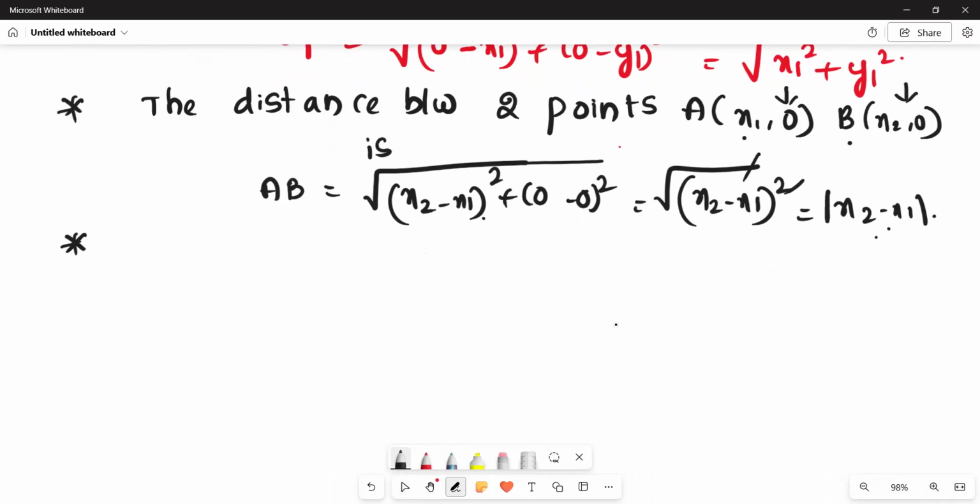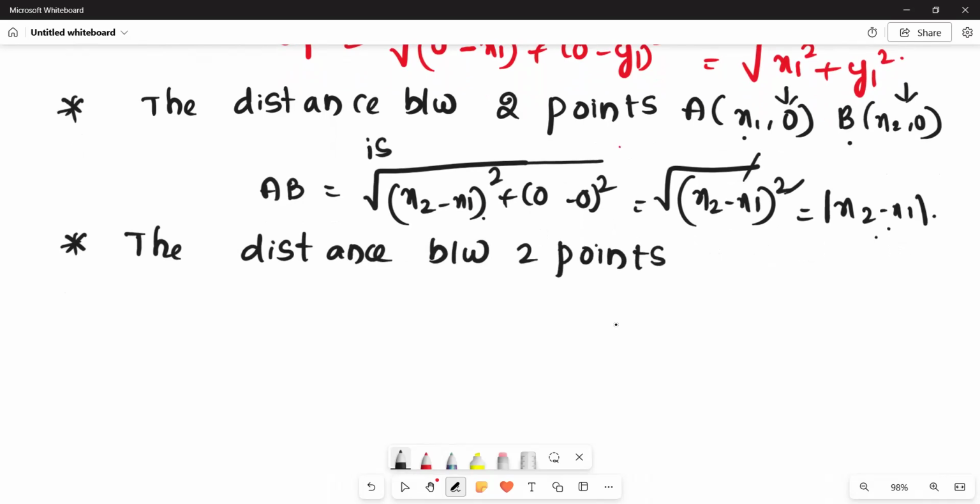And the next thing will be the distance between 2 points. What are my 2 points? C (0, y1) and the next one is T (0, y2).